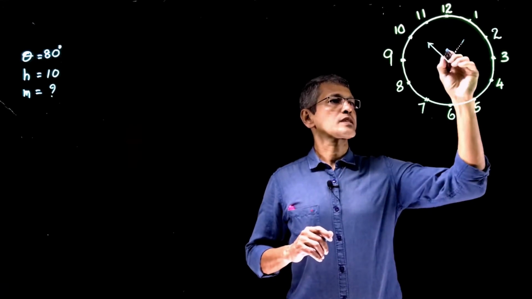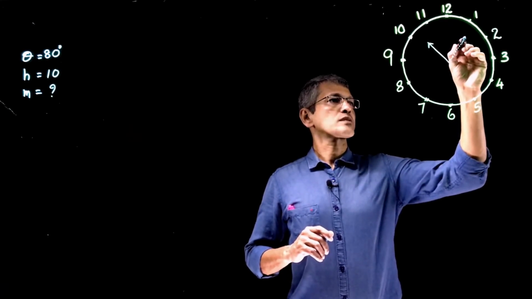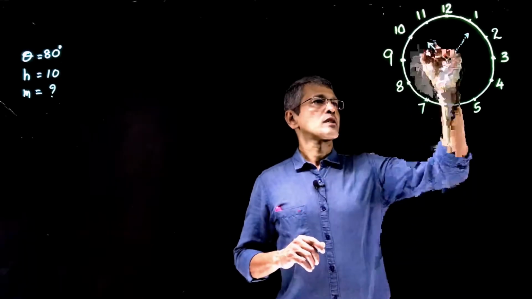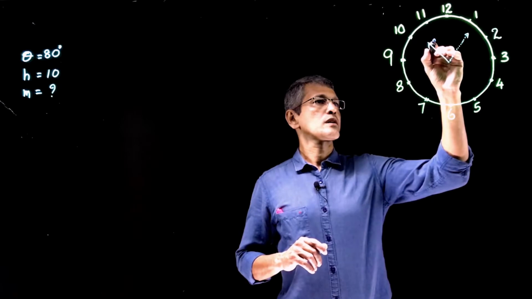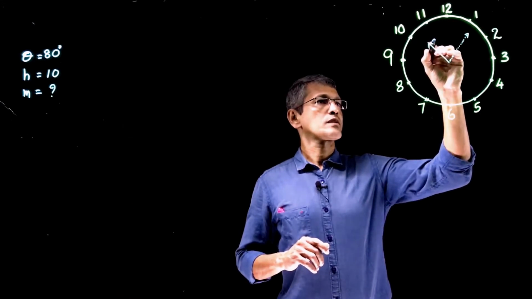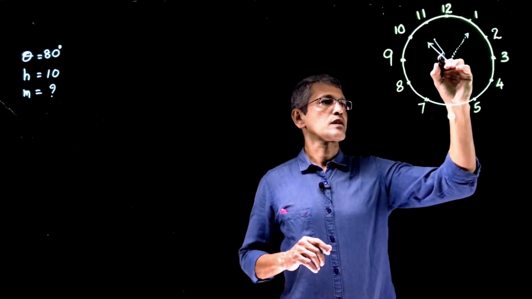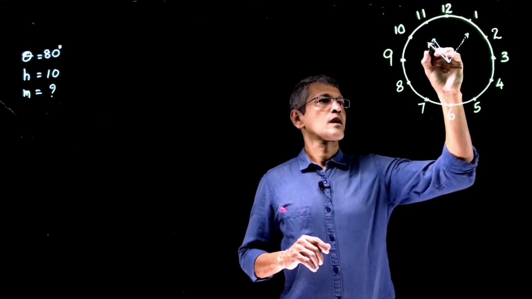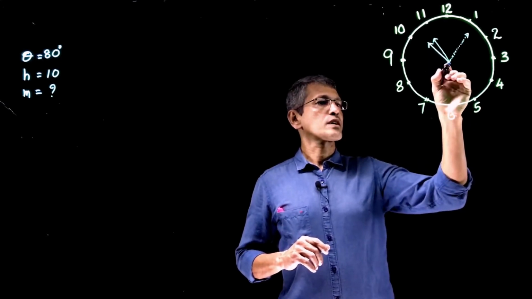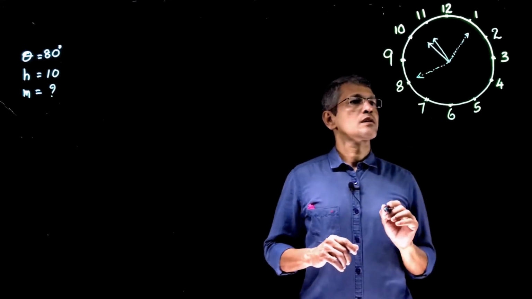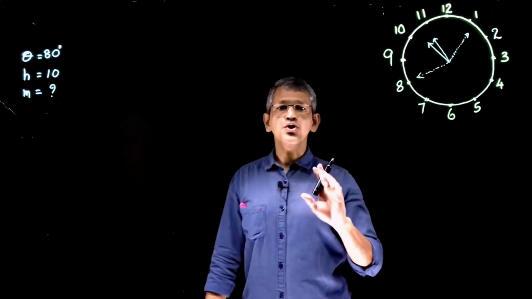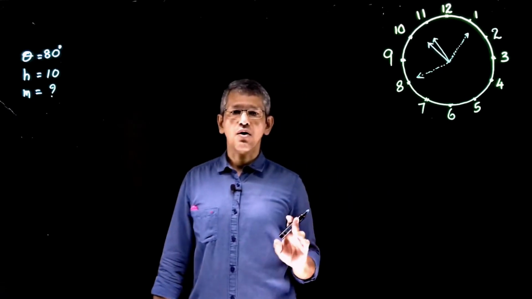I'm not sure where exactly it is, so let's assume that this is the point. And how about the other point? The hour hand would be here, between 10 and 11. And of course, the hour hand keeps on moving, that's the reason it would be here the next time. And the minute hand would be somewhere here. So that's the 80 degree angle. So there are two possibilities between 10 o'clock and 11 o'clock.